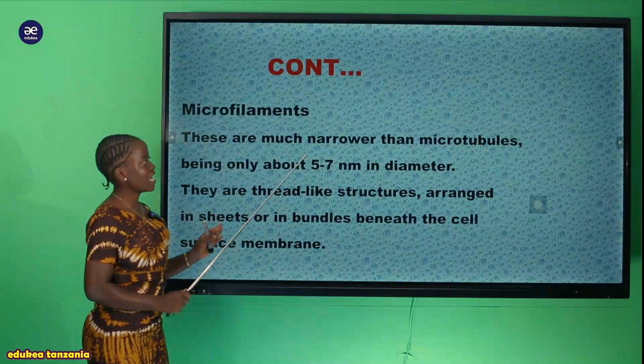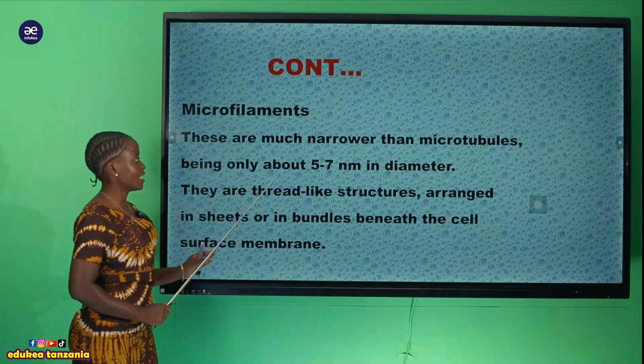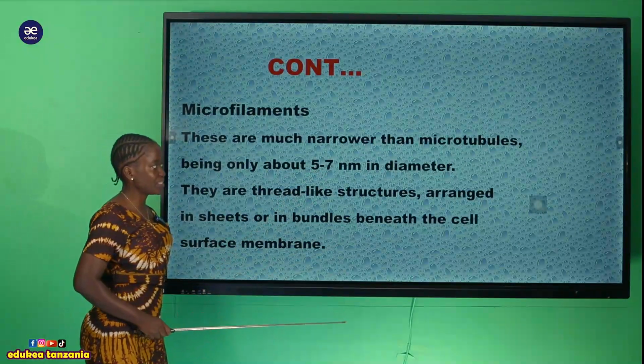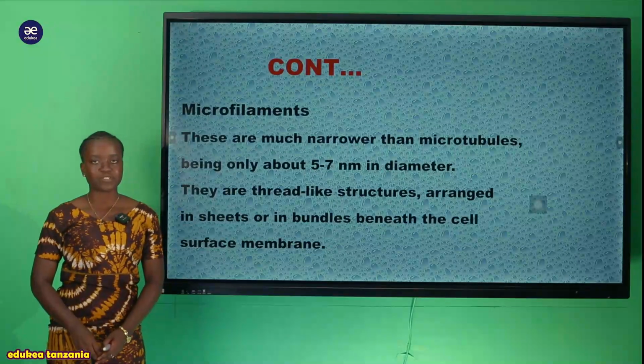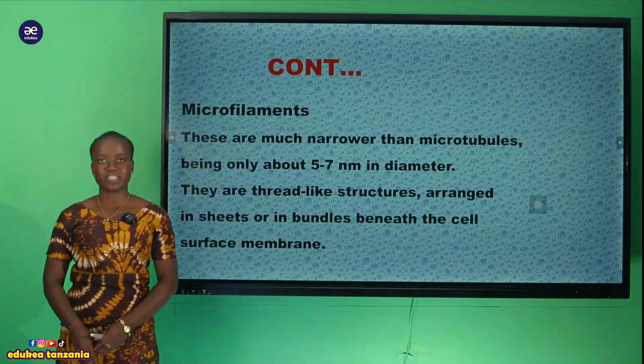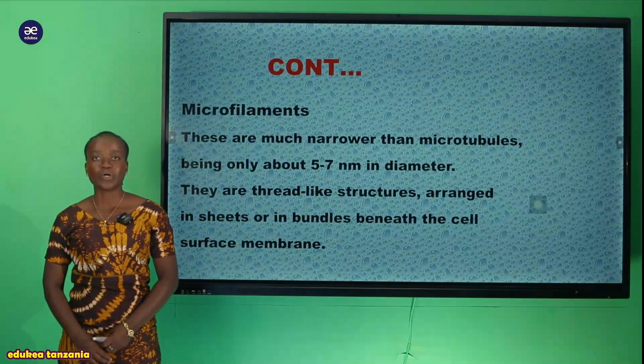these are much narrower than microtubules, being only about 5 to 7 nanometer in diameter. So ukiangalia in terms of size between microtubules and microfilament, microfilament ni ndogo zaidi ya ile microtubules.